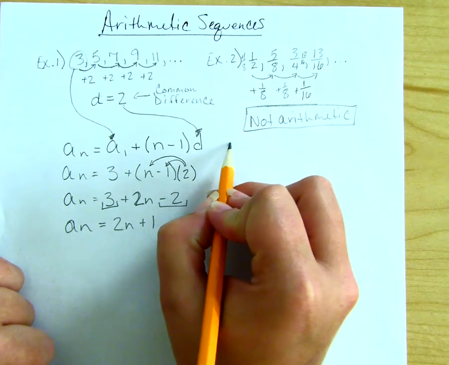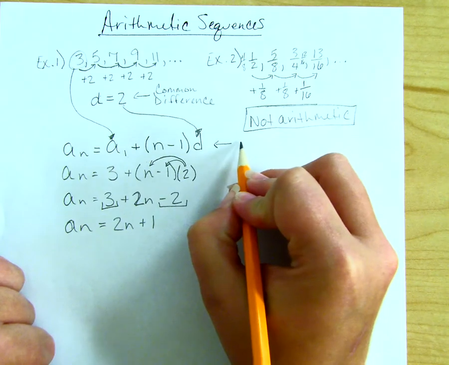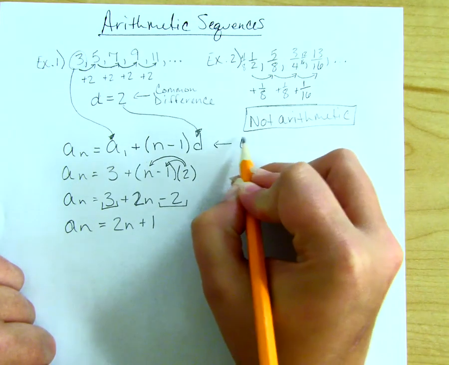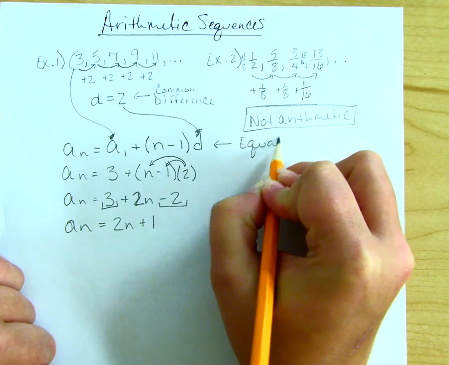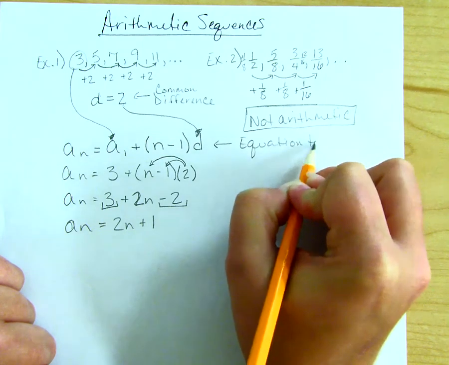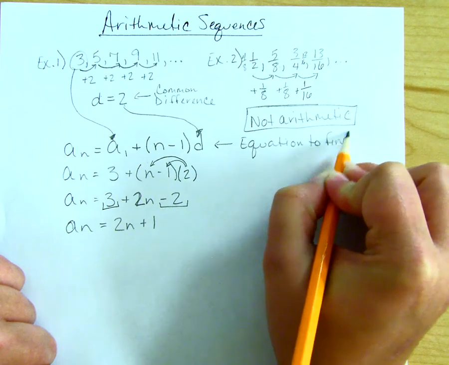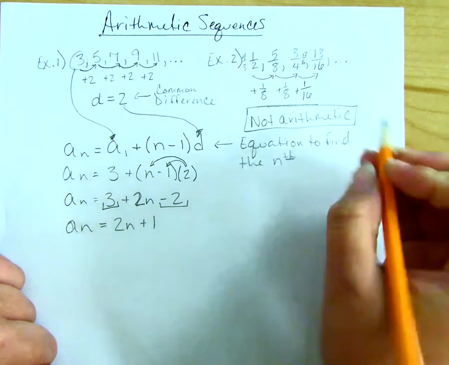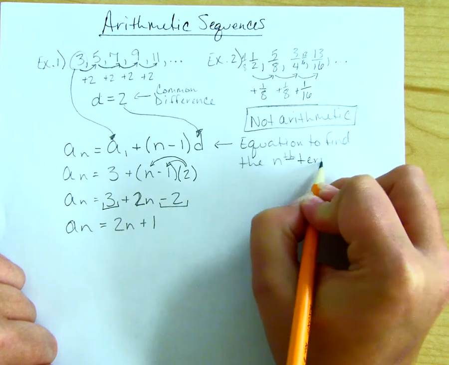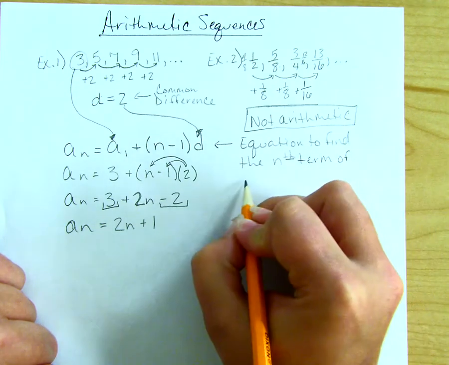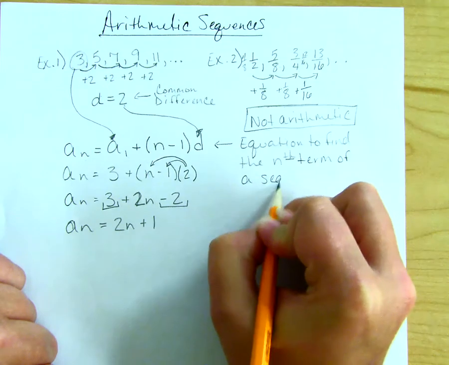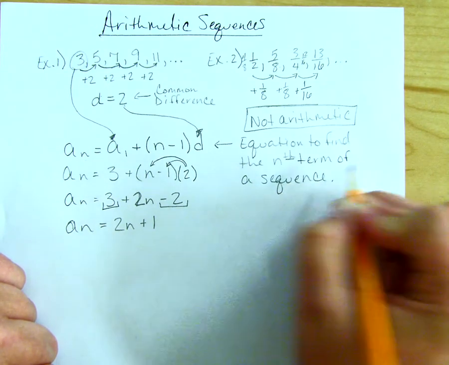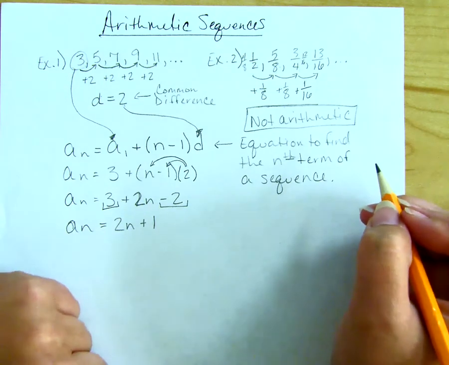And this is the formula you use to find the nth term. And by nth term, that just means any value they give you.